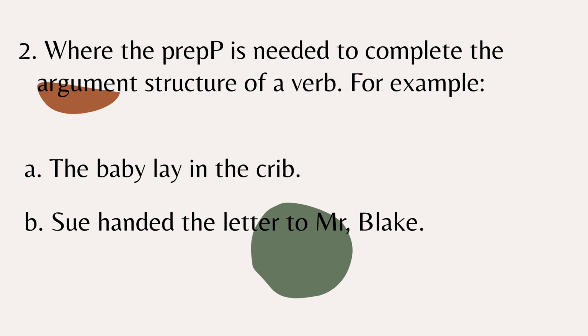Number 2, where the prep P is needed to complete the argument structure of a verb, when a prep is essential to complete the meaning of a verb. This is illustrated with intransitive and ditransitive. For example, the baby lay in the crib. This is the intransitive. In the letter B, Sue handed the letter to Mr. Blake, and this is the ditransitive.